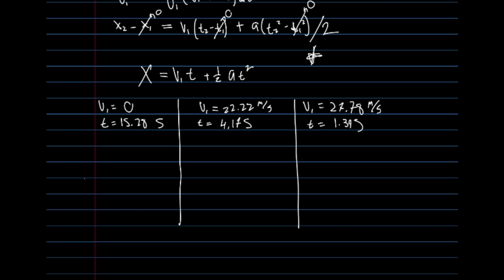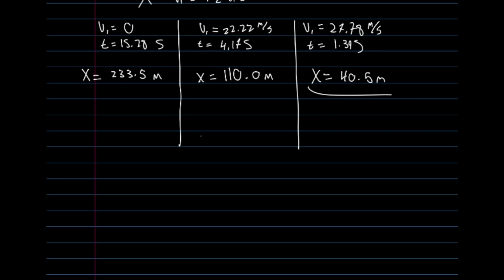So now we can find x equals 233.5 meters. For this one, x equals 110.0 meters, and finally we have x equals 40.5 meters. And we see a trend here. As our merging speed increases, the distance required to merge decreases.